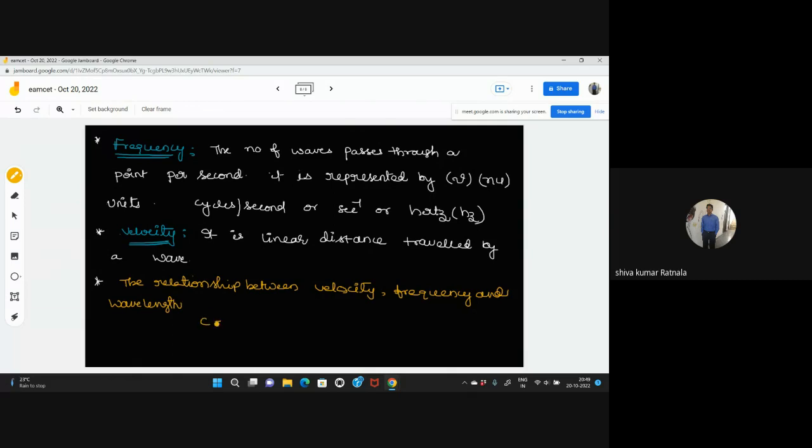That is c equals nu lambda. Okay, c equals nu lambda.